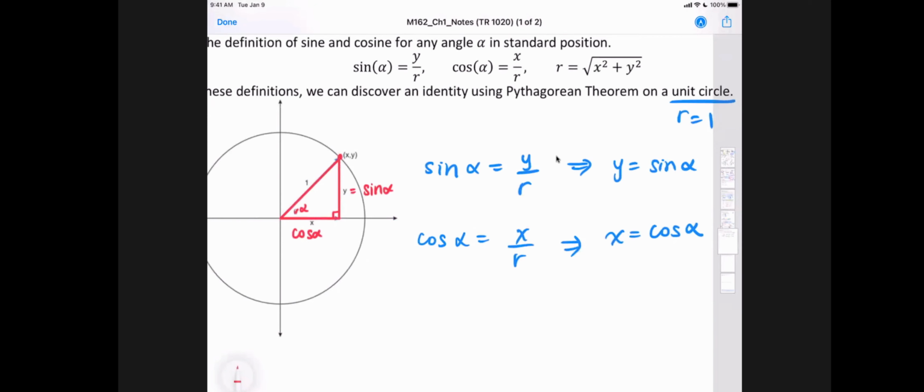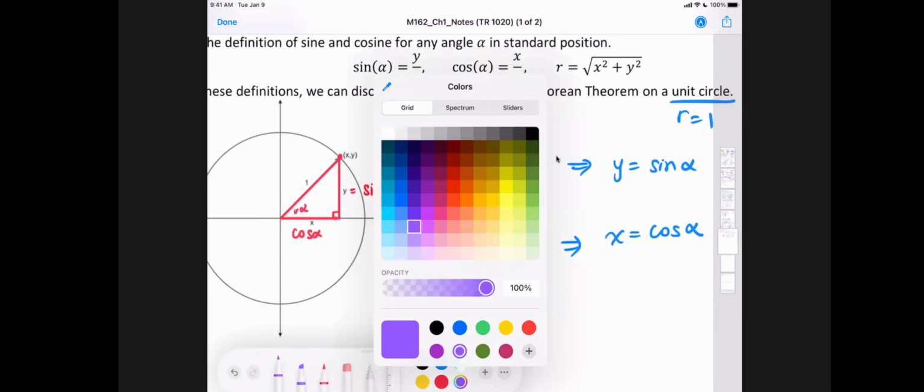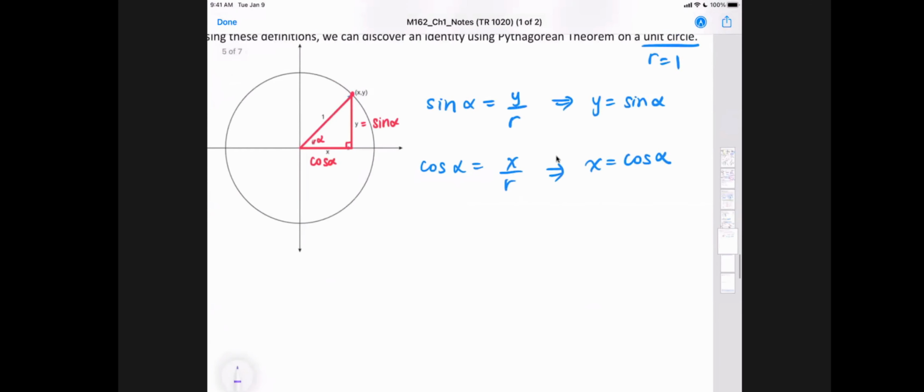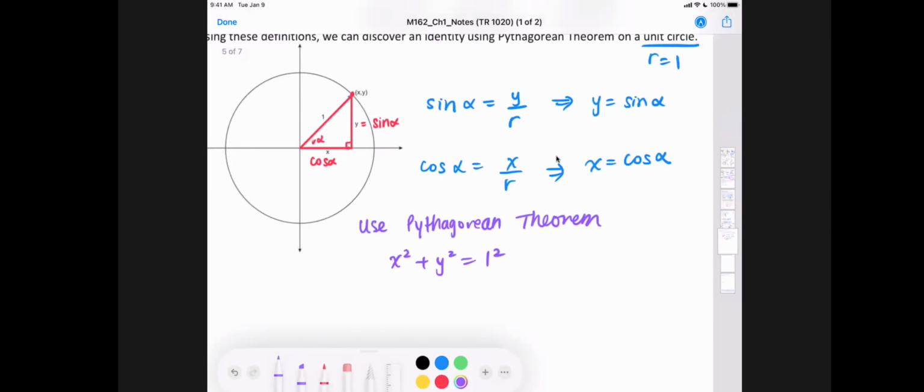So if we do the Pythagorean theorem on this picture, we get the Pythagorean identity. So this would be x squared plus y squared is equal to 1 squared. And then we'll substitute our x and y as our cosine and sine.